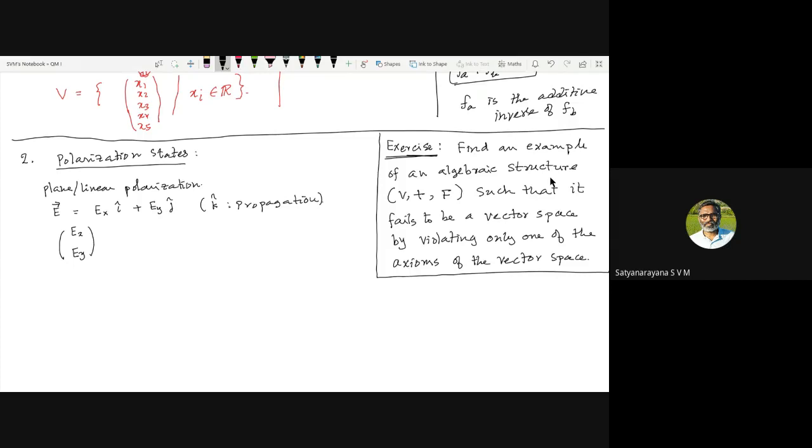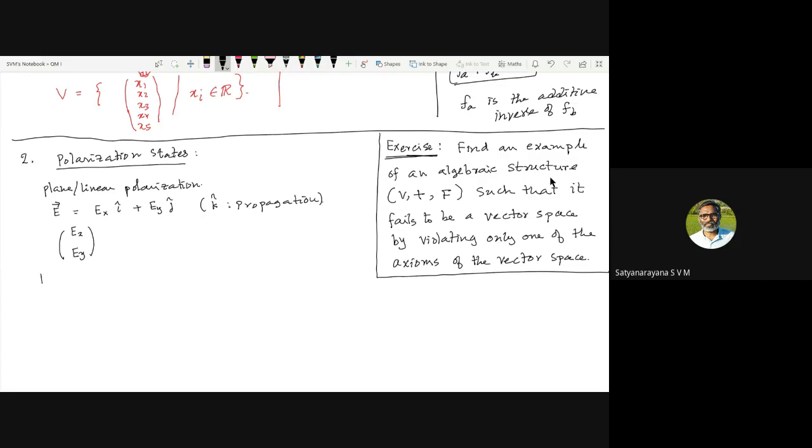Now suppose you have a situation where Ex is there but Ey is 0. Then you call that X polarization. And if Ex is 0 and Ey is non-zero, then you call it Y polarization. Or you can abstractly write it in the following fashion.